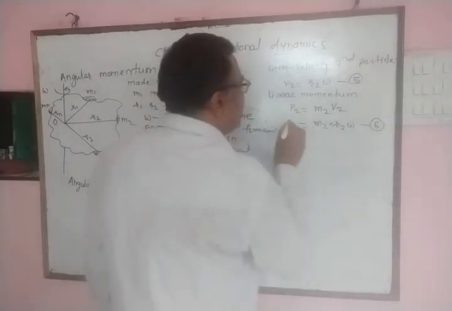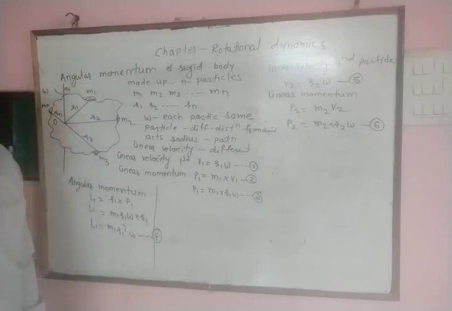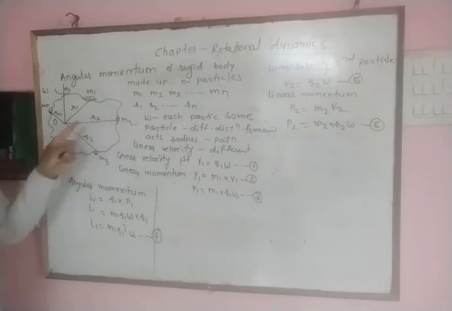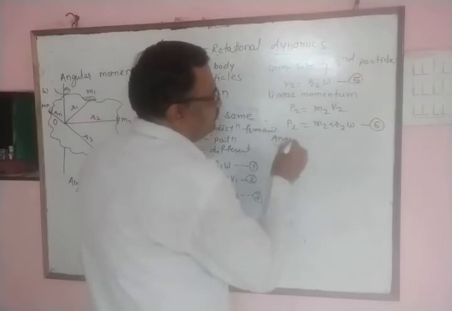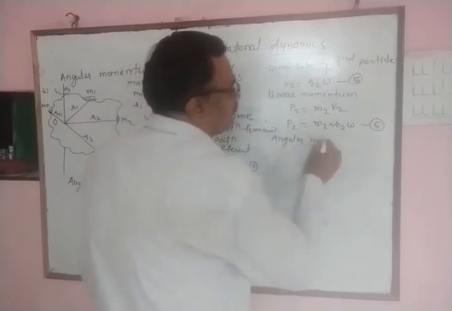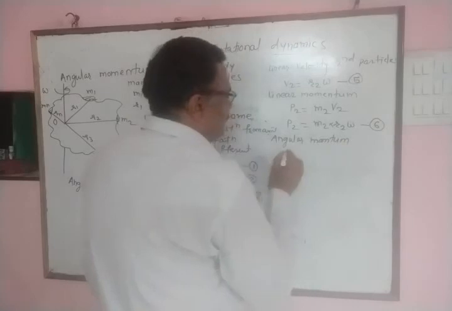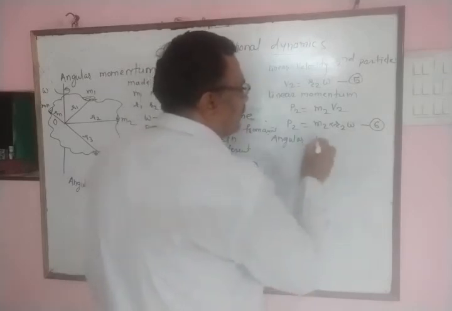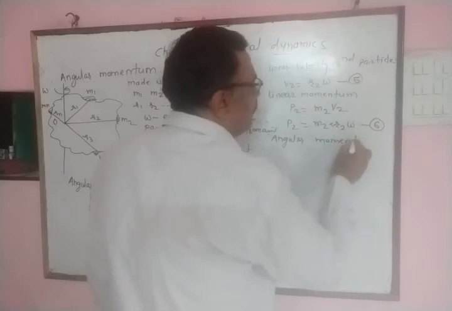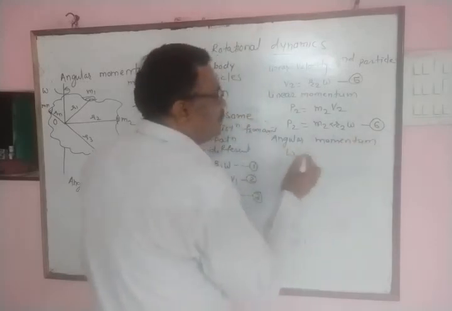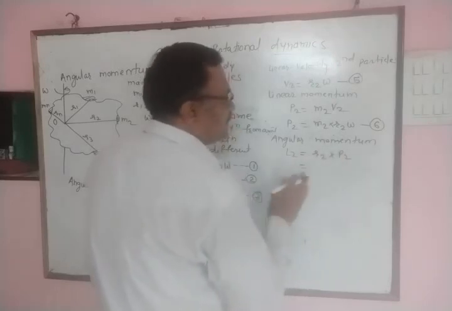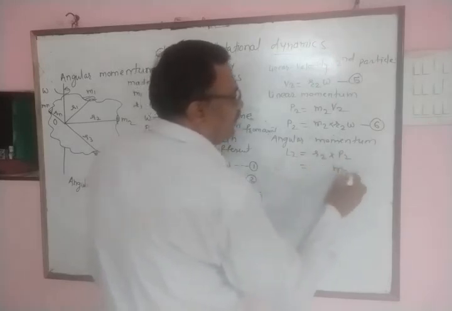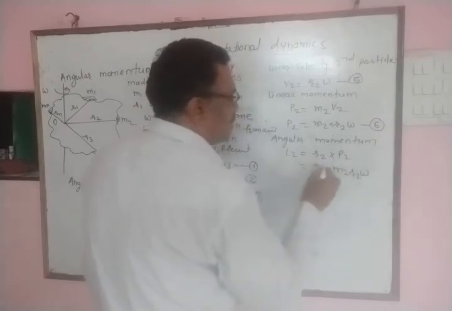Similarly, the angular momentum of the second particle about the axis of rotation is L2, equal to R2 into P2, that is M2 into R2 into omega into R2.